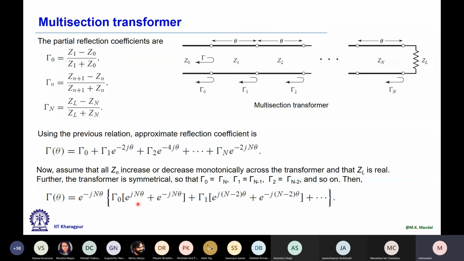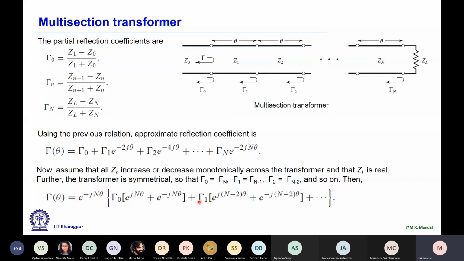So it is gamma naught times e to the power j n theta plus e to the power minus j n theta. Similarly, gamma 1 and gamma n minus 1 you consider. So it is gamma 1 times e to the power j (capital N minus 2) theta plus the corresponding term, and so on.